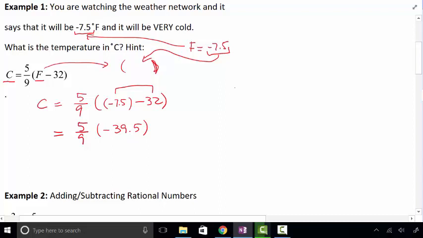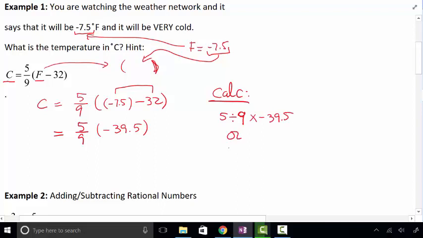Now, you can do this a couple of ways. Type it in your calculator, but what you're going to type will be something like this: 5 divided by 9. So that 5/9 right here is 5 divided by 9. And then you're going to times it by negative 39.5, and then you should get an answer.